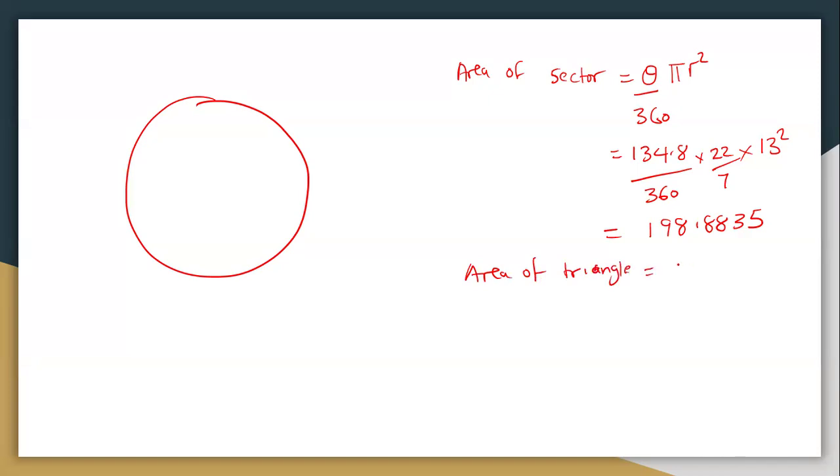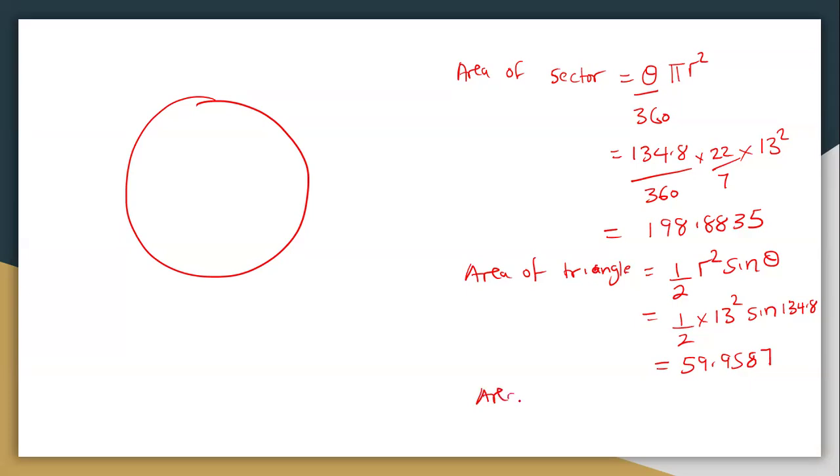Then the area of our triangle is going to be 1 out of 2 r squared sine of theta, which is 1 out of 2 times our r, which was 13 squared, sine of the angle, which is 134.8. So when you place your calc again, you'll have your answer as something like 59.9587.